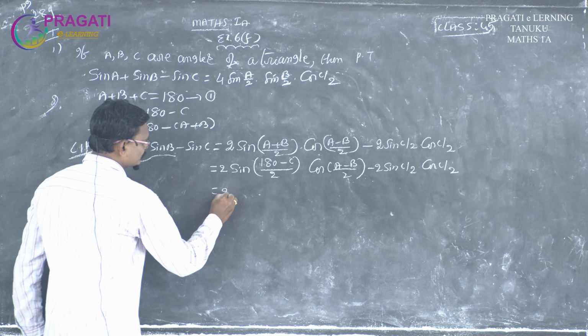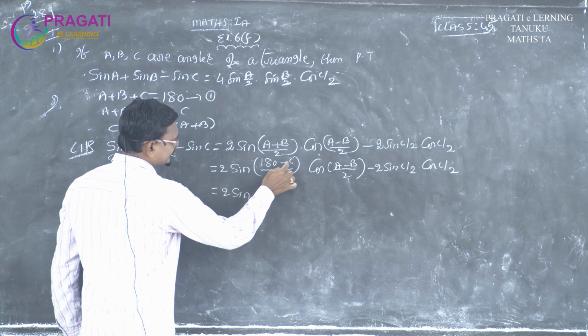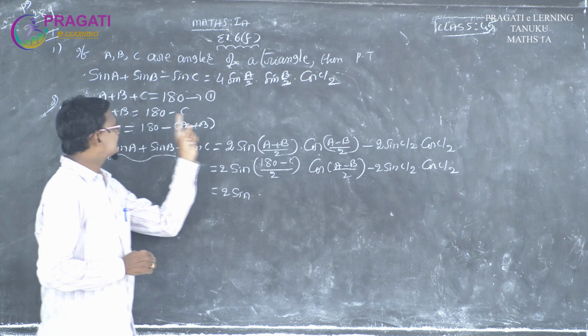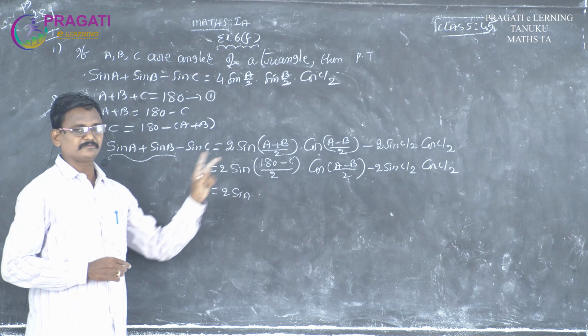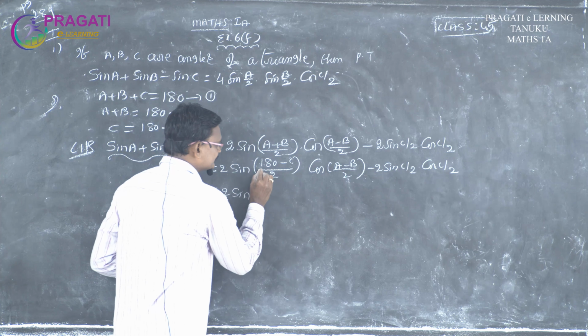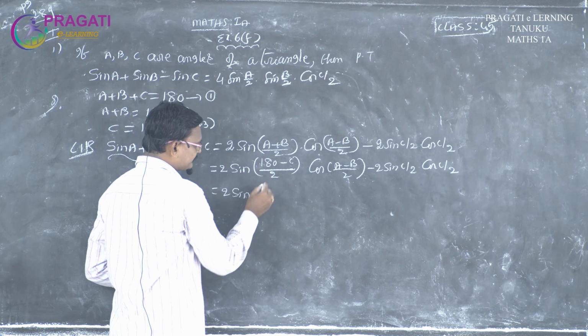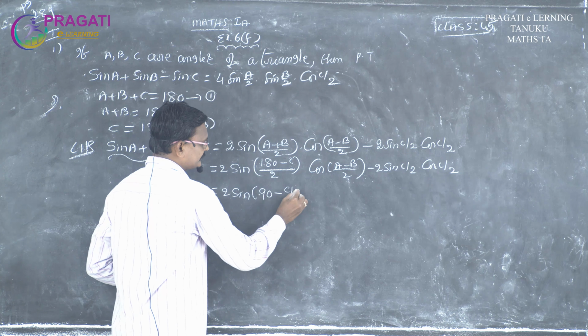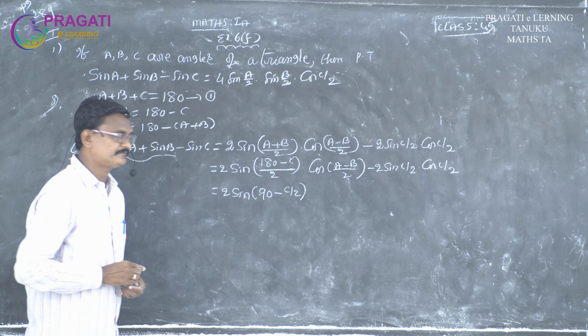So now 2 into sin((180 minus C)/2). Do you understand? A plus B means from this step we can write 180 minus C. Now you can split: 180 by 2 is 90, minus C by 2.